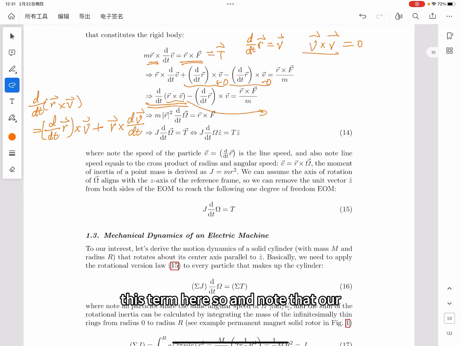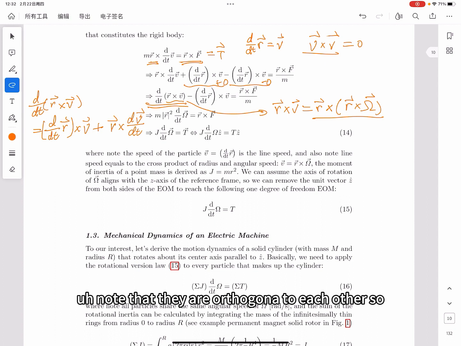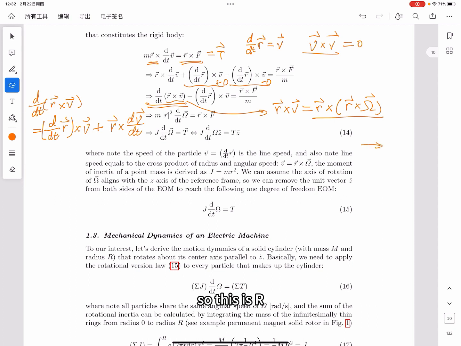Note that r cross v is equal to r cross the result of omega cross r. Omega is really the angular speed of our rigid body. Note that they are orthogonal to each other. So this is r, and this is omega.